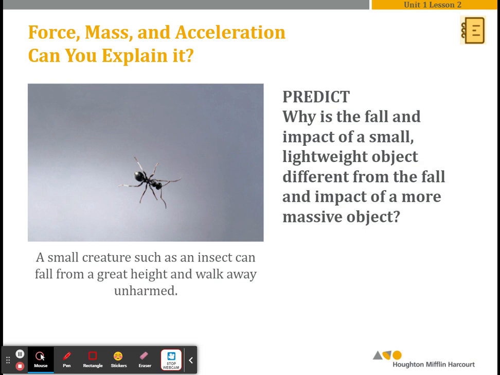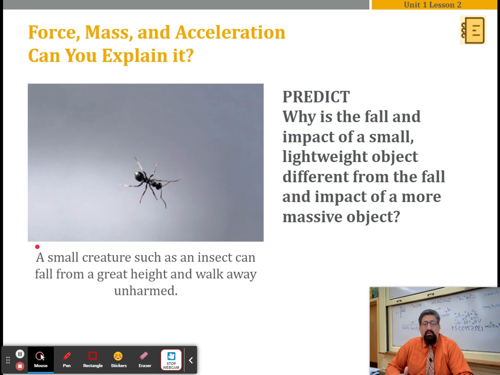This is a question, a phenomenon to consider as we learn things in this unit. We're not going to answer this right now, but there's a question. Why is the fall and impact of a small, lightweight object different from the fall and impact of a more massive object?